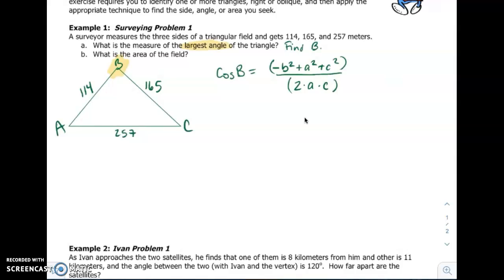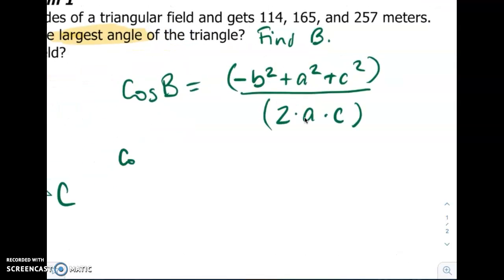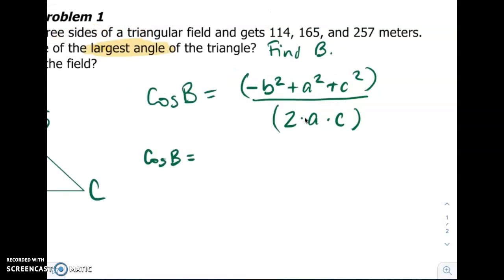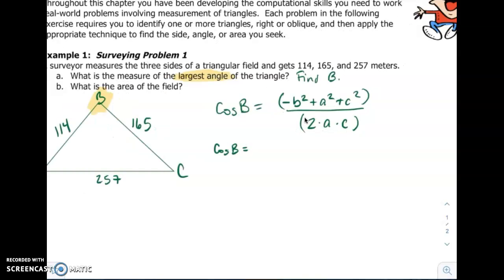So now I'm going to fill in those values that were given to me. Because B is across from 257, that is side B, according to my triangle that I have labeled, squared.